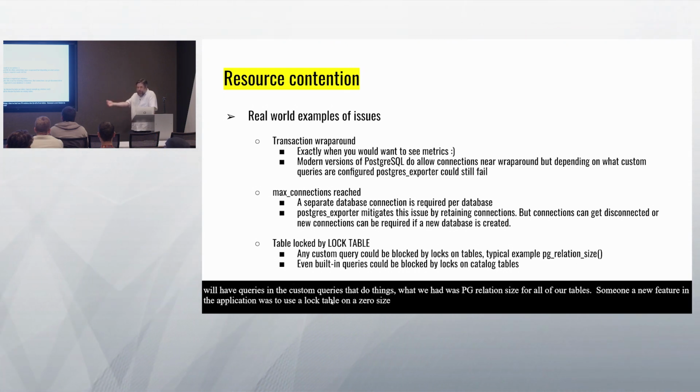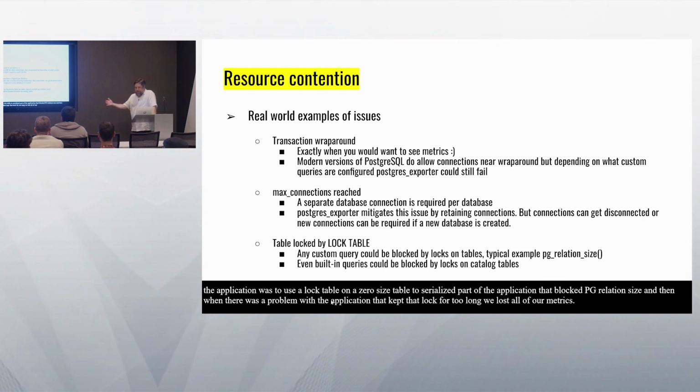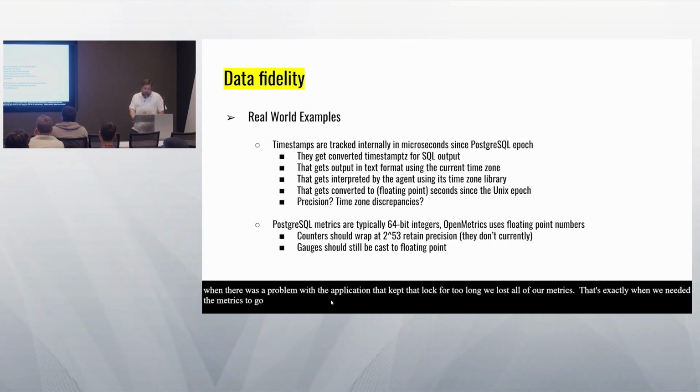That blocked pg_relation_size. And then when there was a problem with the application that kept that lock for too long, we lost all our metrics. And this is exactly when we needed the metrics to go and investigate what's causing this slowdown. We lost everything.